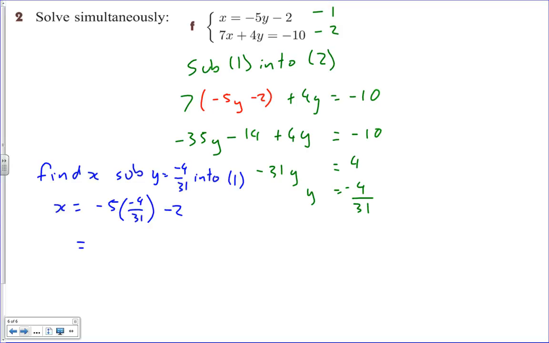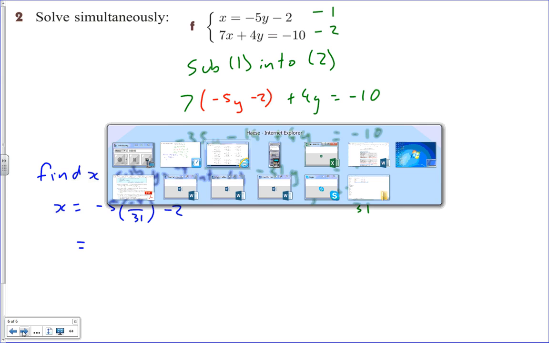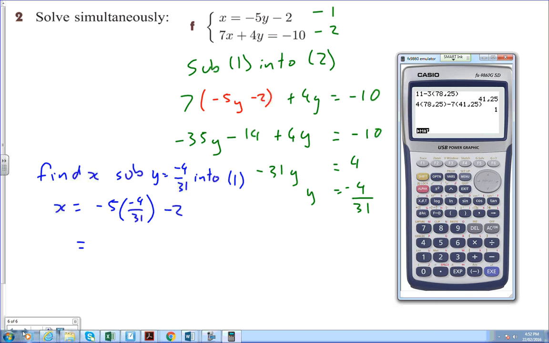Again, I'm going to use my calculator here. So you've got negative 5 brackets, negative 4 over 31, close the bracket, take 2, equals negative 42 over 31. The last thing we need to do is check.